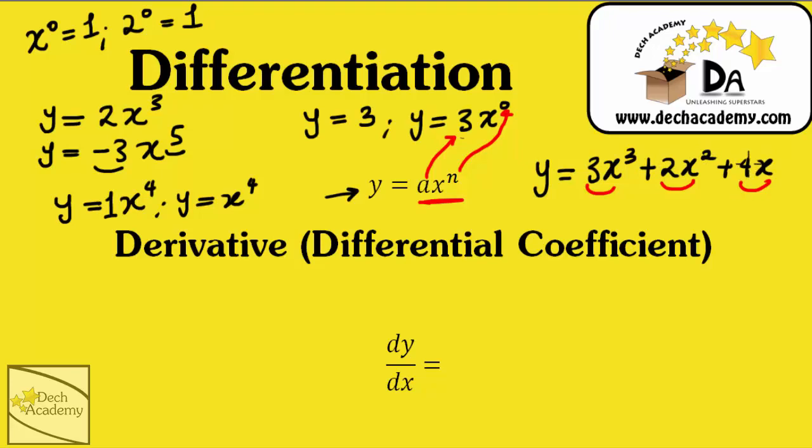In the third case, a is plus 4 and n is 1, because x to the 1 is the same thing as x. So be careful, make sure you are able to identify that functions of the forms I've shown you and something like this are examples of functions of this form, and I'm going to show you how to differentiate functions of this form. We're going to find the derivatives of functions of this form.